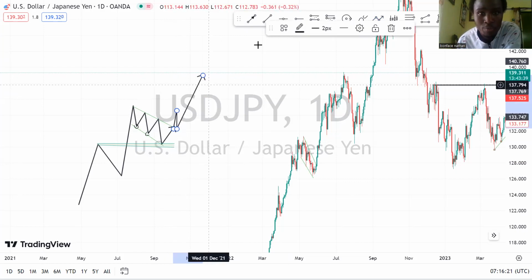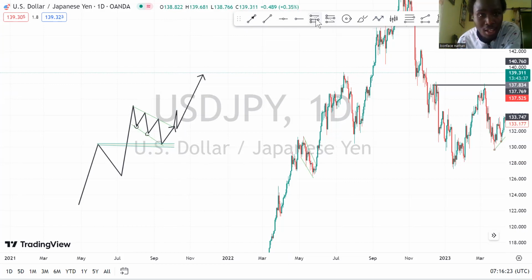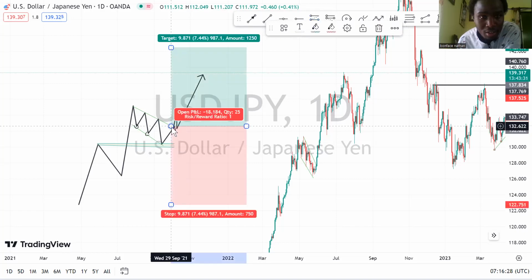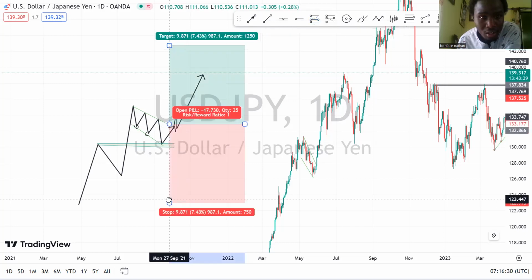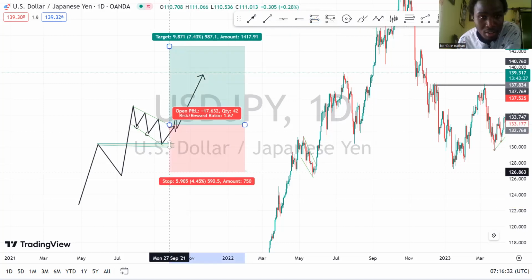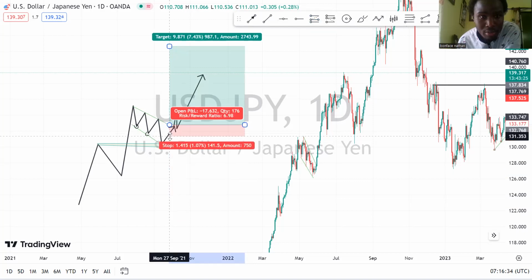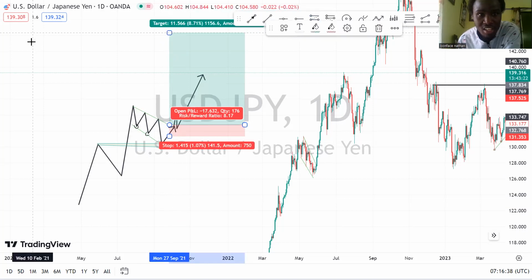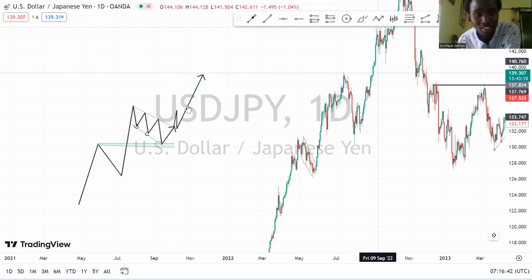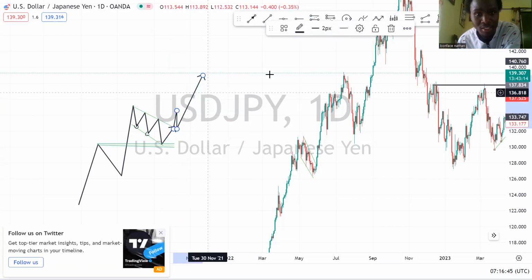So what we do, we enter at that level, our stop loss at that level, and then our take profit is at the next resistance. Very simple, guys. Very simple.